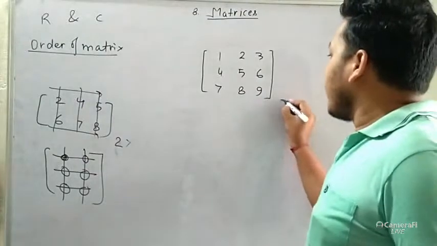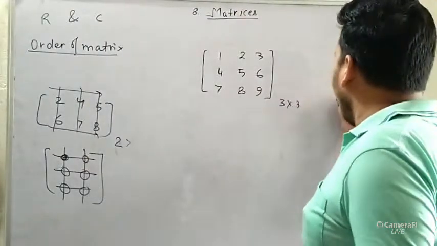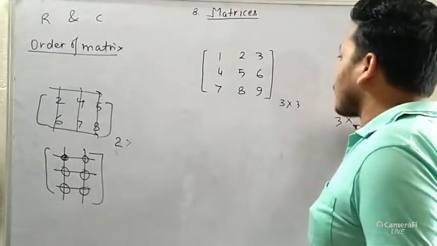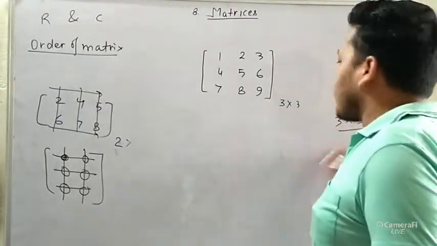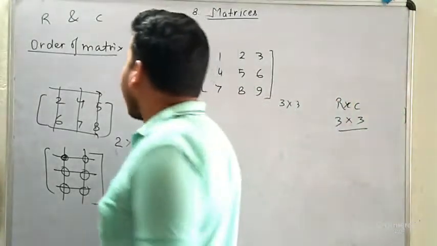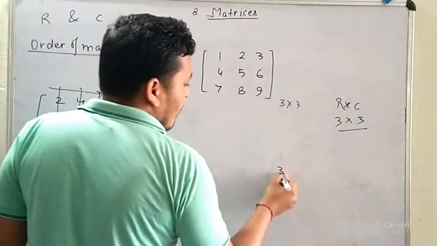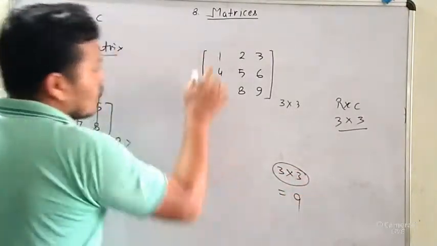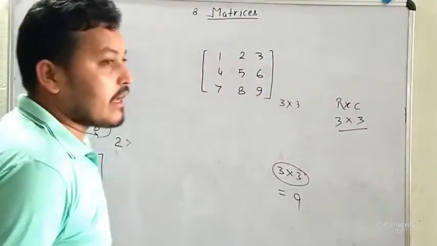Order is 3 into 3, meaning row cross column. The number of rows is 3 and the number of columns is also 3. So the order of this matrix is 3 by 3. And how many elements are given in this matrix? 3 cross 3 is equal to 9. So 1, 2, 3, 4, 5, 6, the 9 elements are given here.